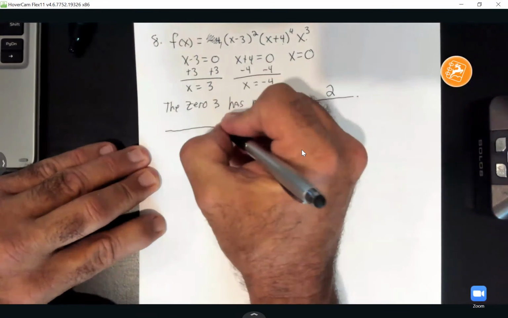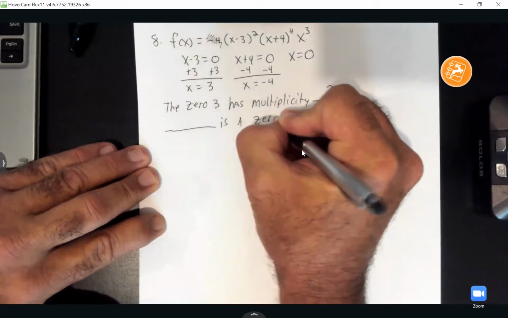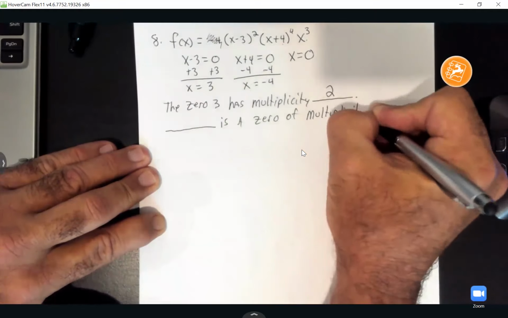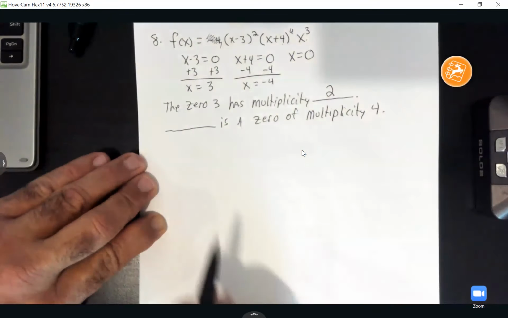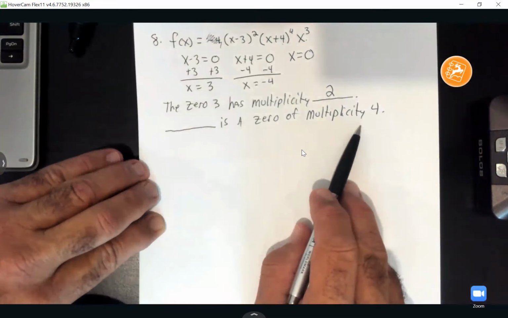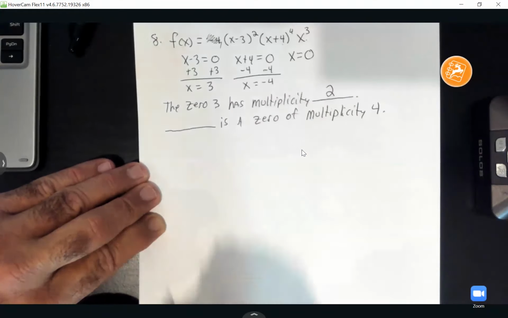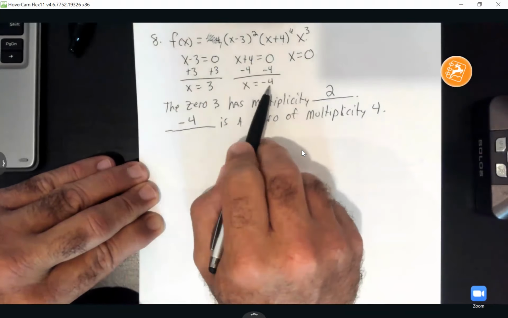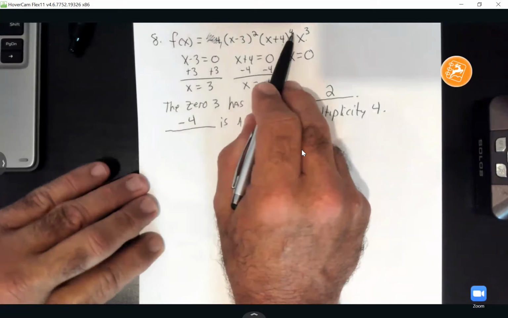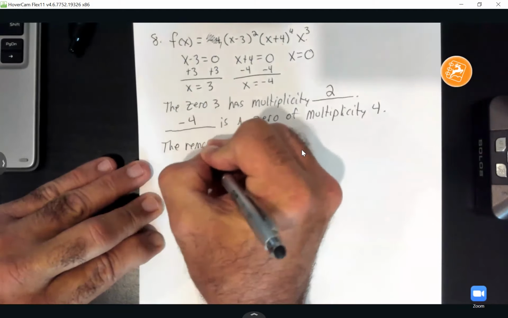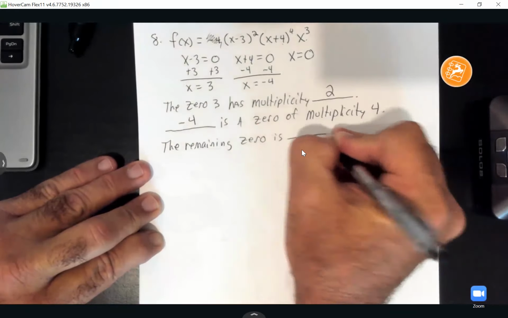Blank is a zero of multiplicity 4. So what are we putting here? -4. Well, that'd be -4 because -4 came out of these parentheses and it had that exponent of 4. Then it says the remaining zero is blank.